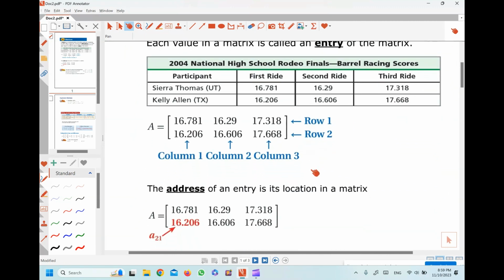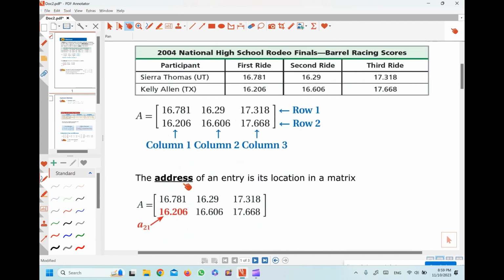Let's move on with address. As the name refers, the address of an entry is its location in the matrix. So this location is given by a lowercase letter. If the name of the matrix is capital A, the address is lowercase a, and first we write the location of the row, and then the location of the column.